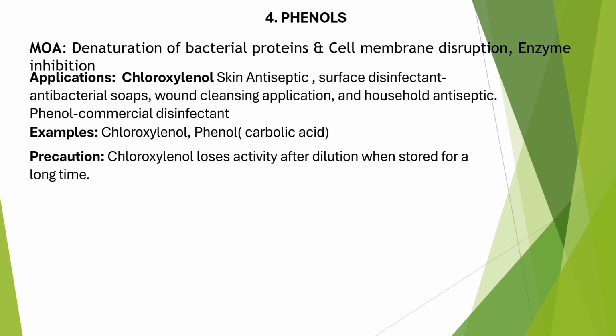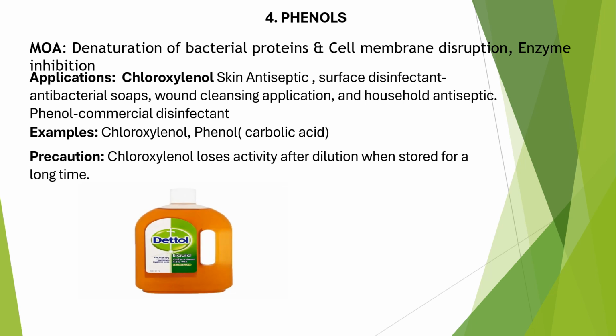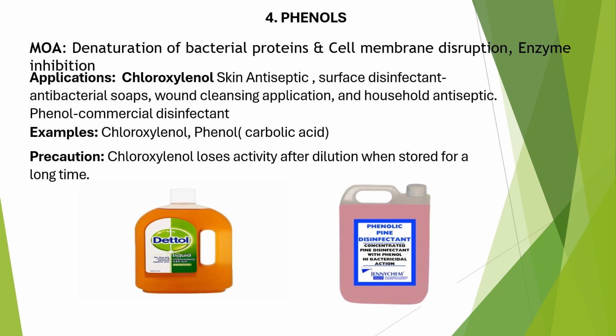Where is chloroxylenol used? It is a skin antiseptic, and you can also have an antibacterial soap that contains chloroxylenol. Where is phenol used? It is a commercial disinfectant. Remember that chloroxylenol loses activity after dilution when stored for a long time.